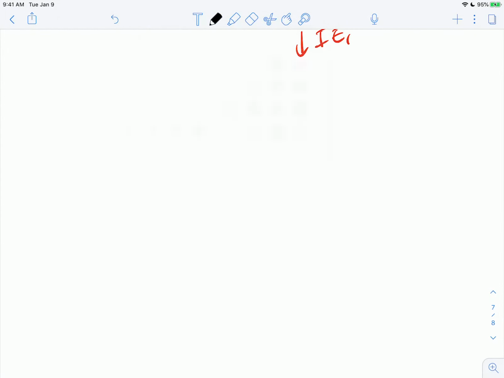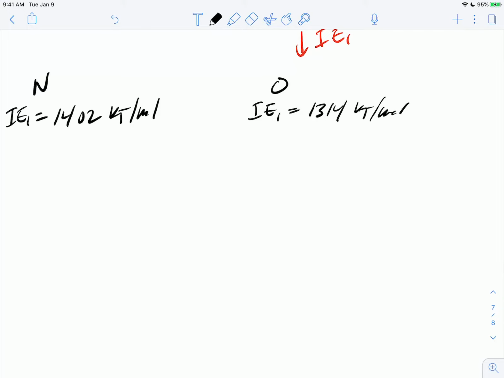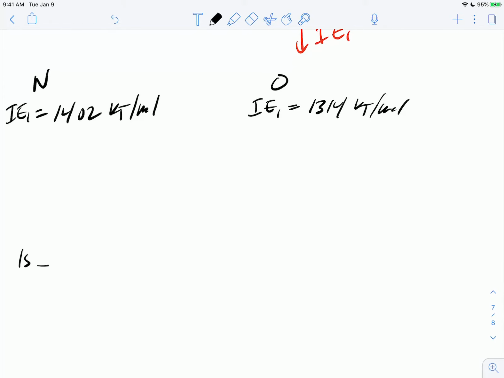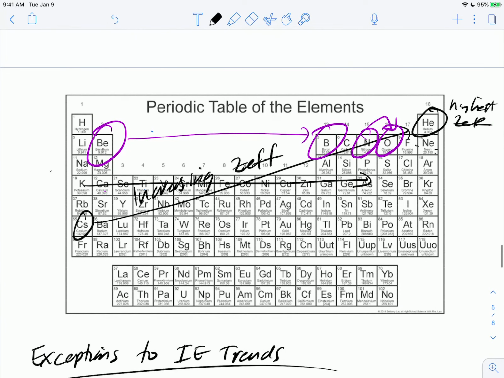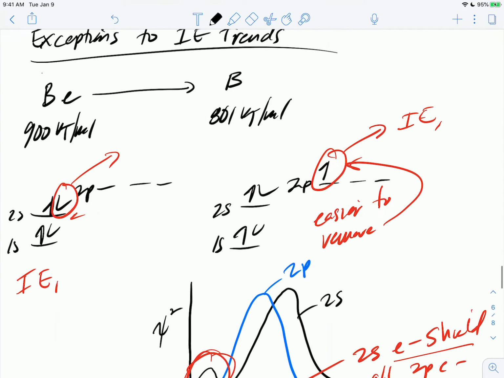So nitrogen has a first ionization energy, IE1, of 1402 kilojoules per mole, and oxygen has a first ionization energy of a little less, about 100 kilojoules per mole less. Okay, so now we do nitrogen first: we have the 1s filled, the 2s filled, and for the 2p we have 1, 2, 3 electrons.